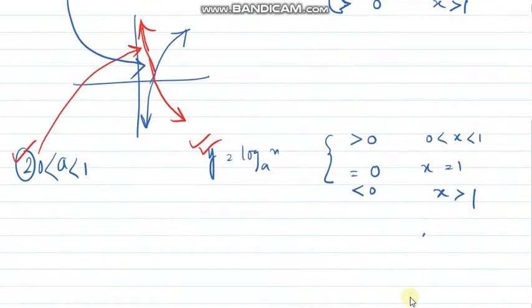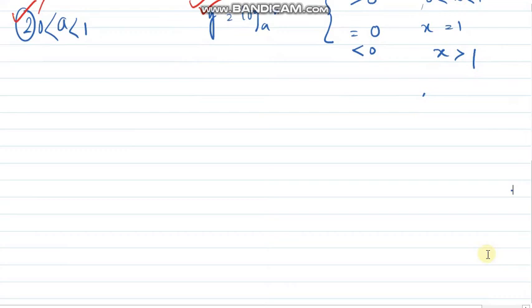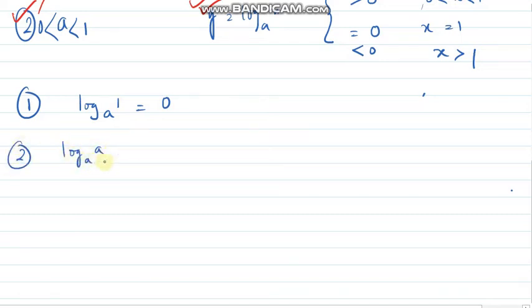Further, if I proceed, let us discuss the formulas for logarithm. The first formula is log 1 to any base is equal to 0. The second is log a to the base a is equal to 1.